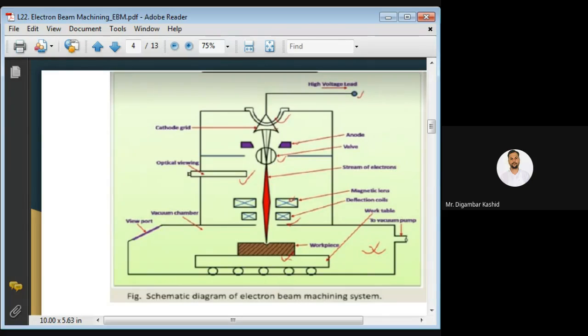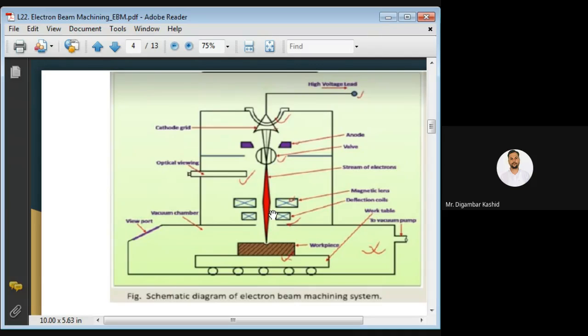Got it? Now these electrons pass through this magnetic lens. You can see this is a magnetic lens. The working principle of this magnetic lens is that it concentrates all the electron beam into a certain point.